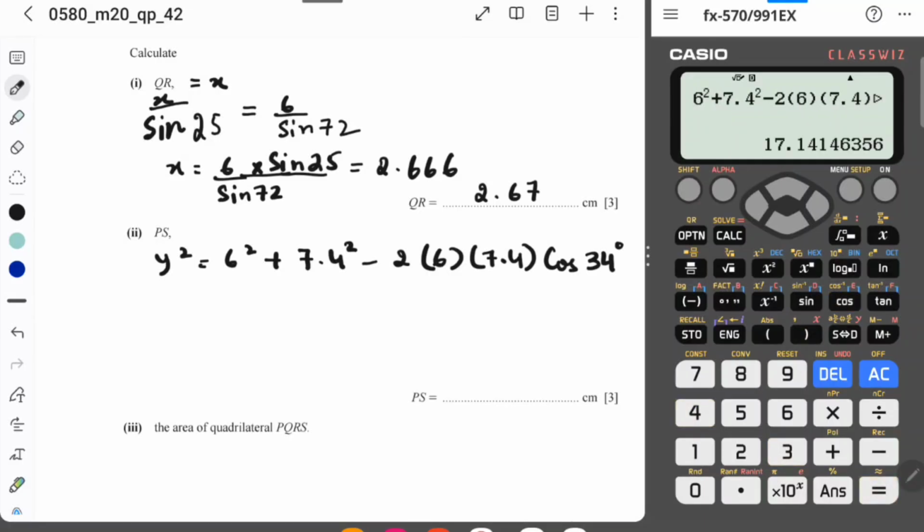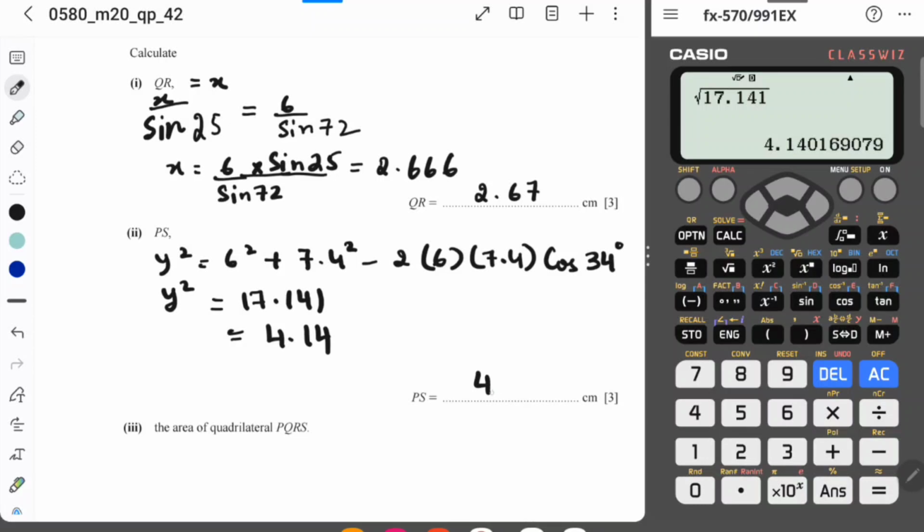So this is coming 17.141. So y square is 17.141. Take the square root and it will be 4.14. So that is 4.14 centimeters corrected to 3 significant figures.